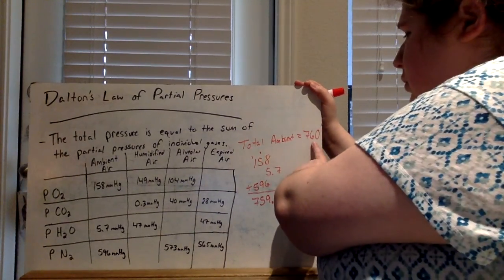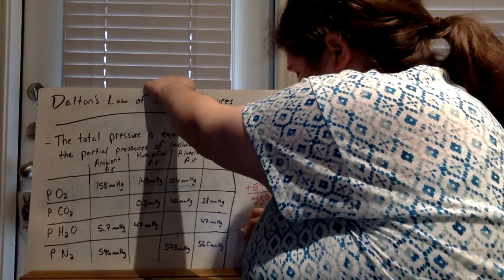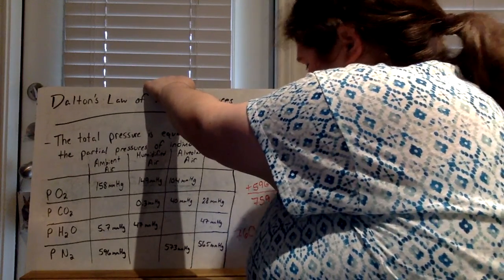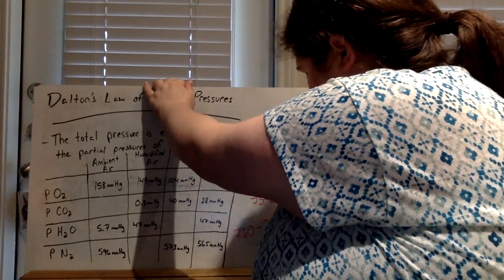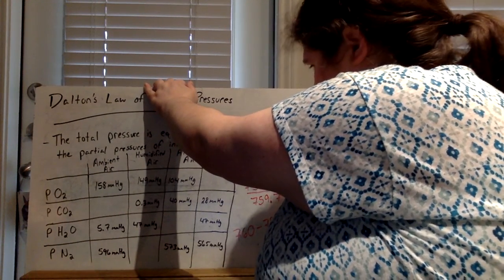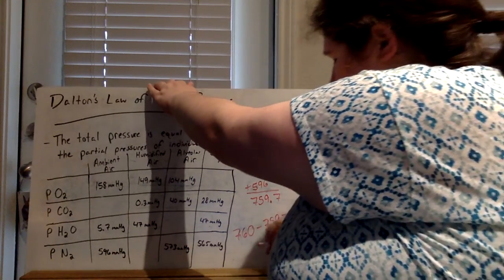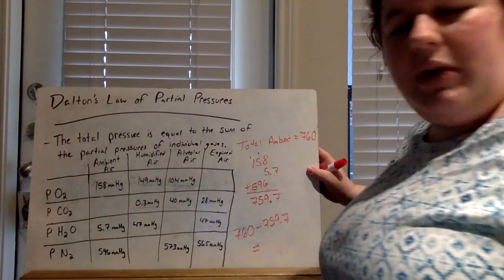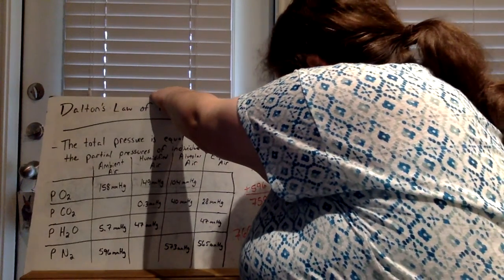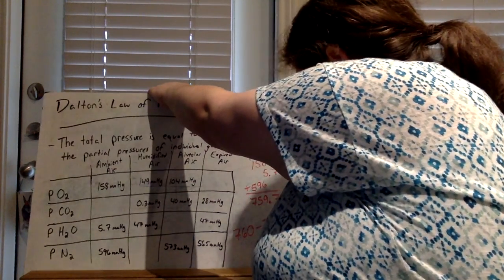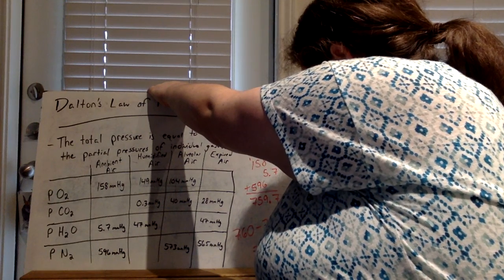I'm going to take my total, 760, subtract the parts, 759.7, to get my partial pressure of carbon dioxide, which is going to be 0.3 millimeters mercury.